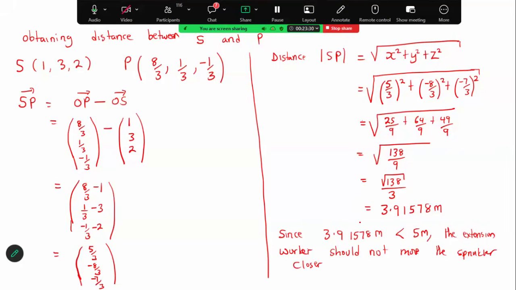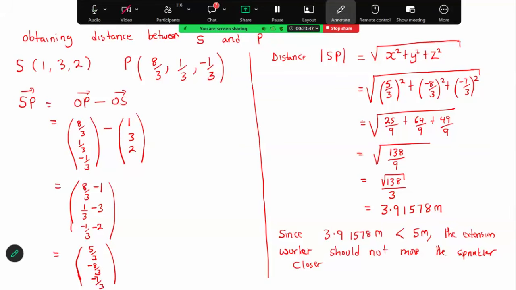But since it is less than that, there is no need for the extension worker to move the sprinkler. So that is how you can obtain it. Someone could have done it in that particular format.